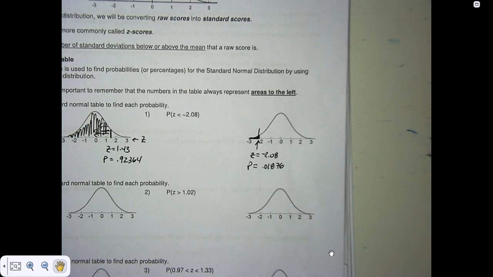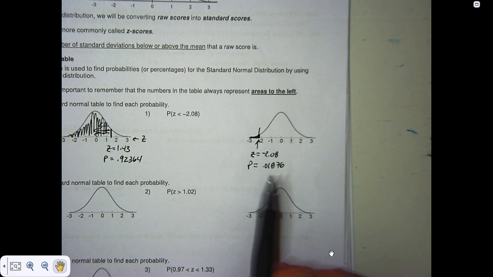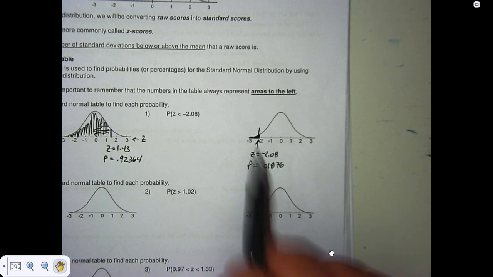So what that says is, if you have a z-score of negative 2.08, that means the area to the left of that point on the curve is 0.01876. So 1.8% of the area is to the left of that curve.